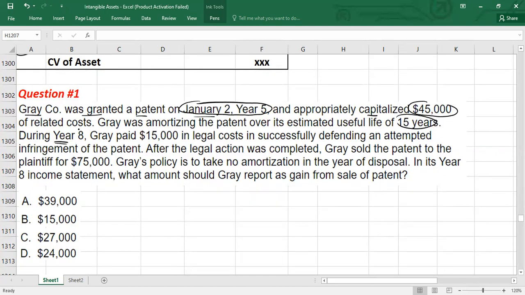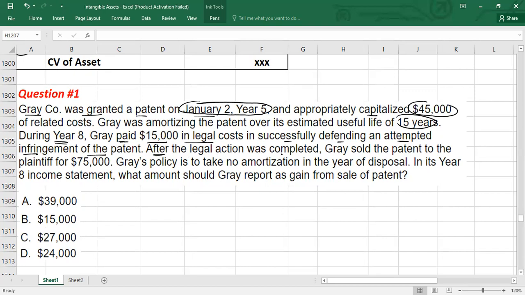During year 8, say in the 4th year, because you acquired and capitalized this patent at the start of year 5, so you take full years 5, 6, 7, and now we are sitting in the 4th year, which is year 8. Gray paid $15,000 in legal cost in successfully defending the attempted infringement of the patent. So it's a capitalized cost, because you were successful in defending your patent infringement.